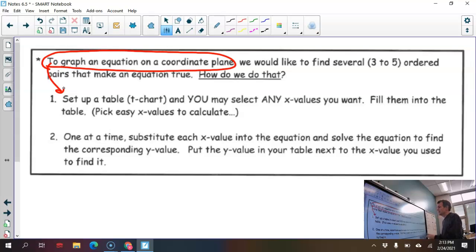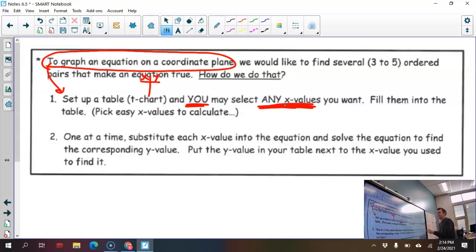All right? We set up a table by, first, some people just draw like a T-chart. I have included tables on here for you, but if I did not include tables, you could just make a little T-chart like that. And you may select any x value you want.